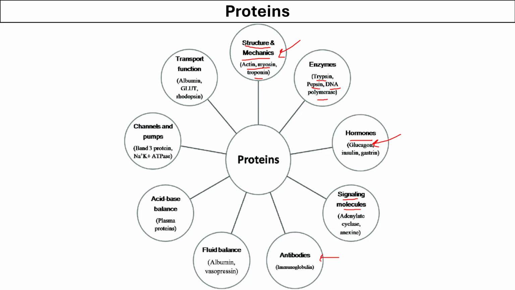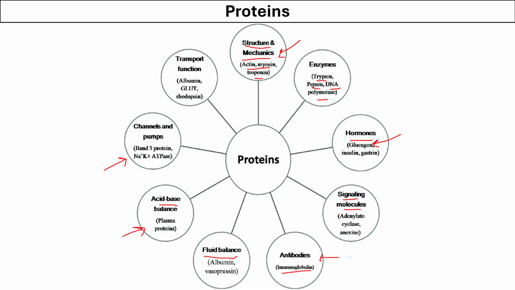Then you have antibodies. Immunoglobulins are the antibodies produced by your immune cells, the lymphocytes, the white blood cells in your blood, and they defend your body from foreign antigens. They help in maintaining fluid balance in your blood. They also help in maintaining the acid-base pH in your blood.